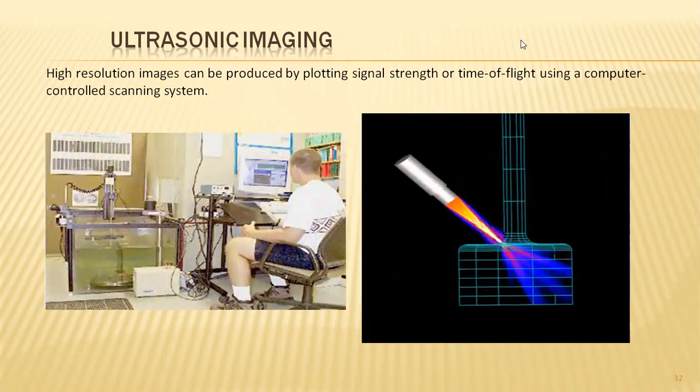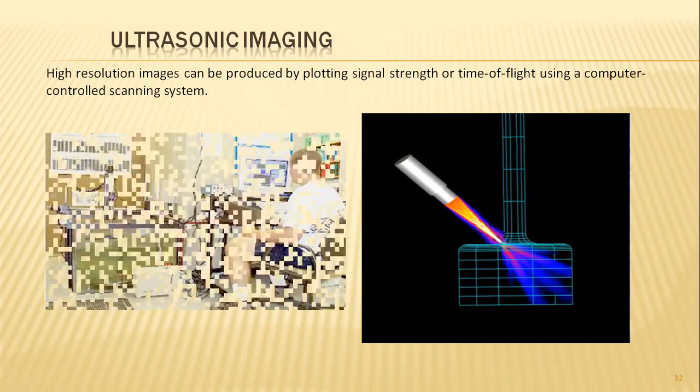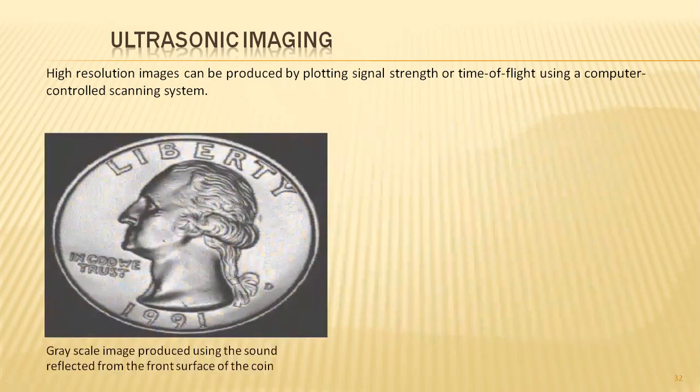Initially we used this diagram, passing either X-rays or ultrasonic rays through it and examining all the properties of the object, both internal and external parameters. High resolution images can be produced by plotting signal strength at time of flight.